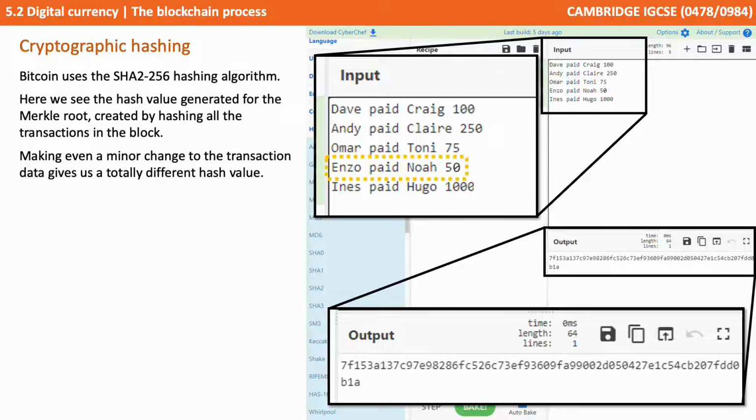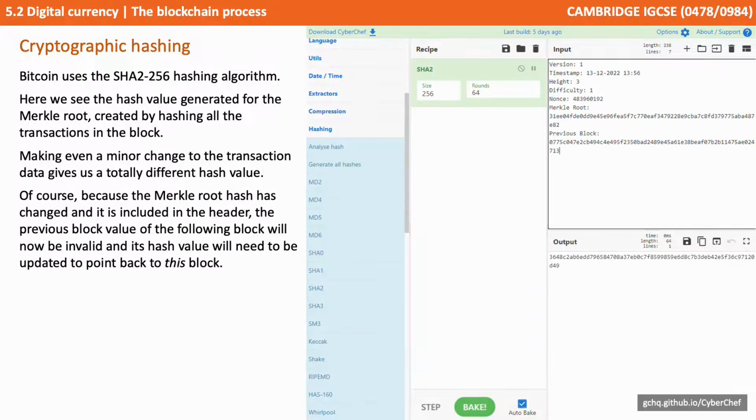Making even a minor change to the transaction data gives us a totally different hash value. Of course, because the Merkle root hash has changed and it's included in the header, it now means the previous block hash value of the following block will now be invalid, and its hash value will need updating in order to point back to this block.